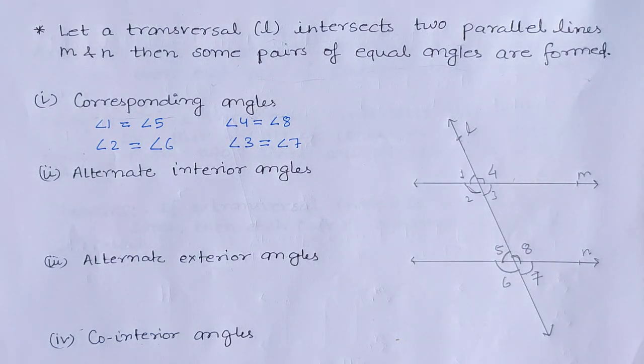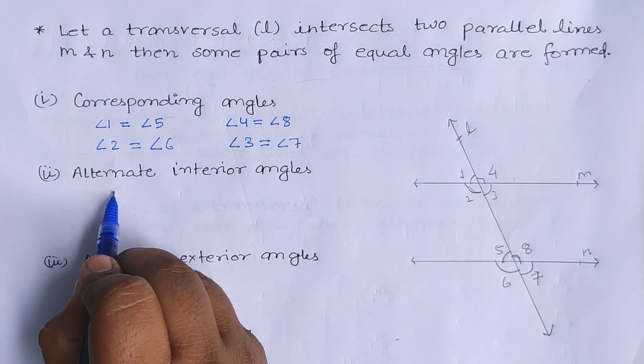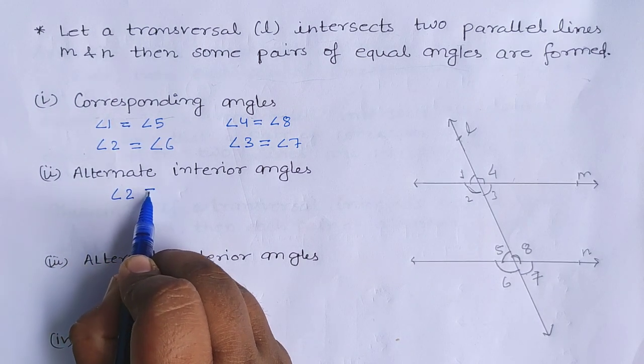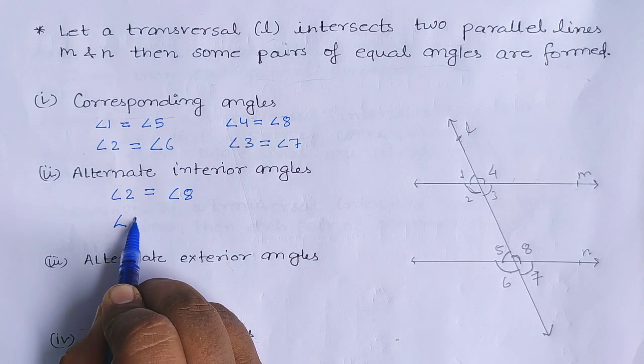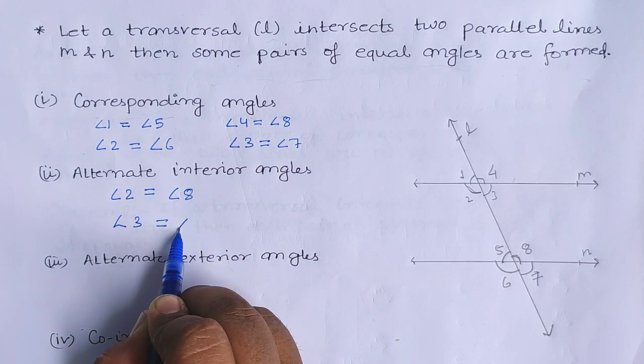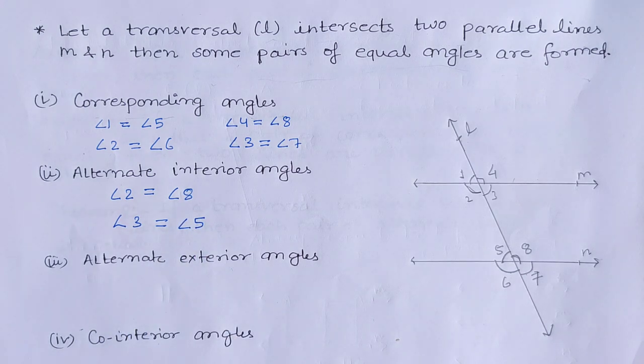Here we can write angle 2 is equal to angle 8 and angle 3 is equal to angle 5. So these are the pairs of alternate interior angles, and these are also equal.